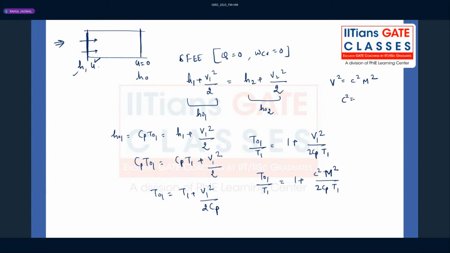C square is gamma RT, so T01 by T1 equals 1 plus gamma R T1 M square divided by 2Cp T1. This T1 and that T1 cancel out.